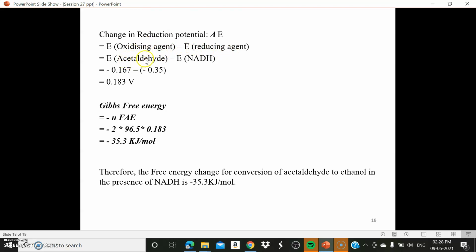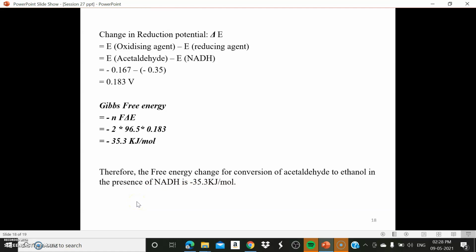Acetaldehyde, because it is getting reduced to ethanol. Which is the reducing agent here? NADH, because it is getting oxidized to NAD+. Substitute the values, you get 0.183 volts. Gibbs free energy can be calculated using the equation minus nFΔE. Substitute, and you get minus 35.3 kilojoules per mole. So, the free energy change for the conversion of acetaldehyde to ethanol in the presence of NADH is minus 35.3 kilojoules per mole.